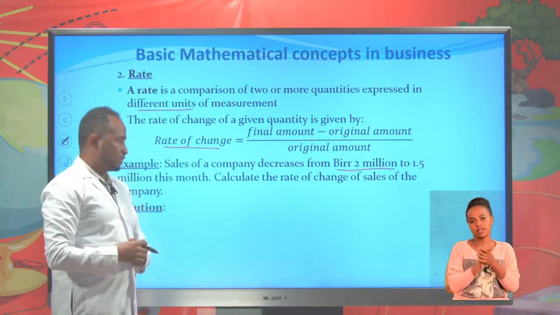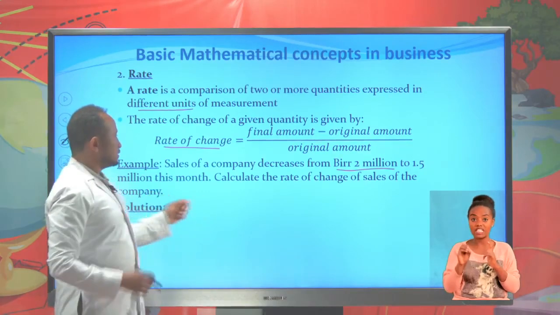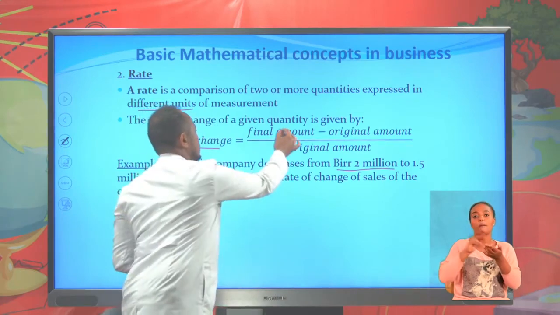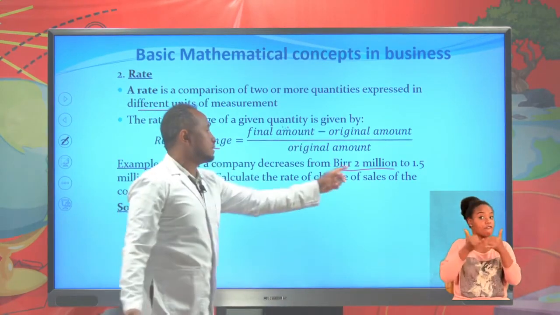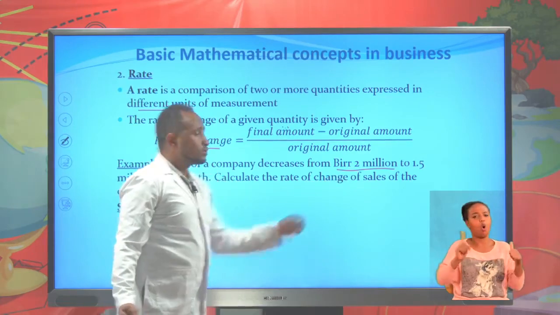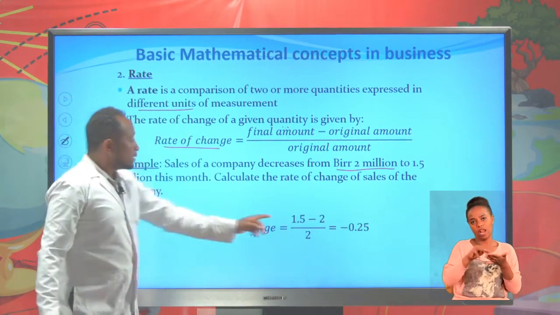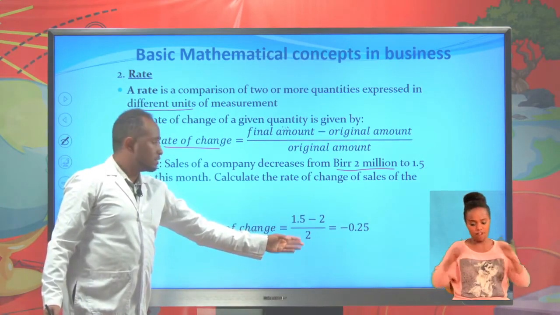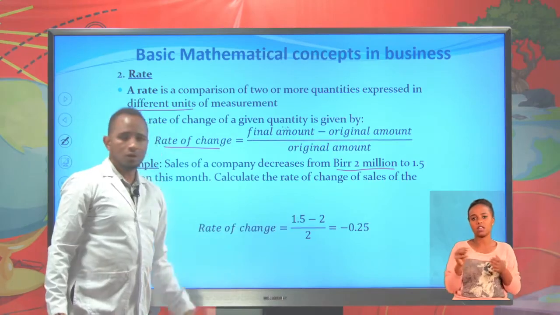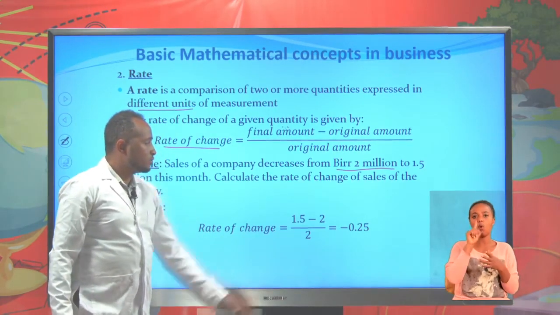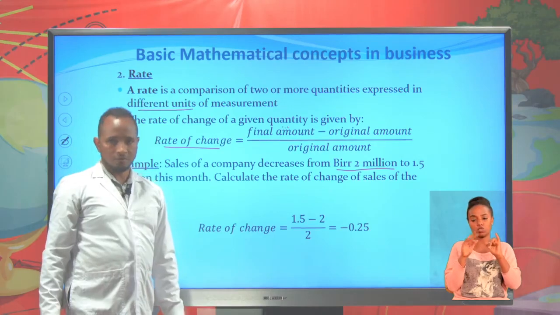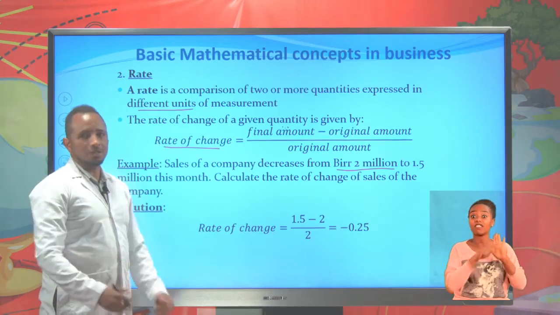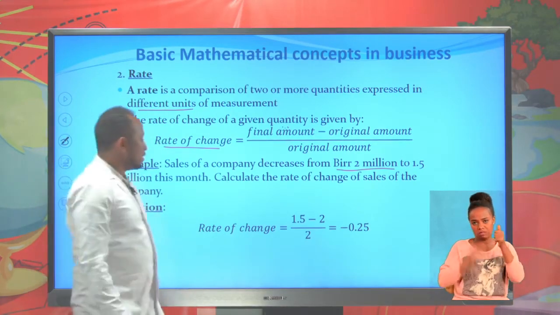To find the rate of change, the final amount is 1.5 million, minus the original amount of 2 million, divided by the original, 2 million. So million cancels. Simply, 1.5 minus 2 divided by 2, you get negative 0.25. This negative indicates that the rate of change is decreasing. Okay.